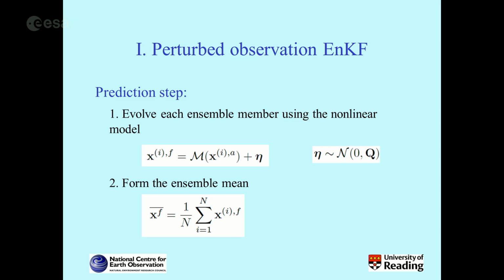For example, in the 4D-Var, at the initial time, we had our background and we assume it has uncertainty. So what you can do is take your prior there and perturb it, taking random draws consistent with what you know of the uncertainty, the covariance at that time. And then that was your initial ensemble.